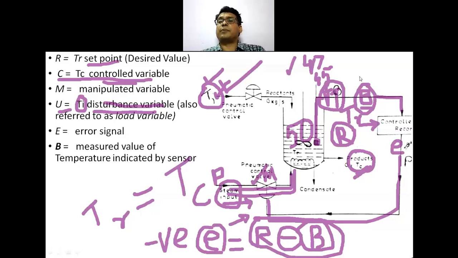Now say the temperature has increased to 52 degrees Celsius instead of 50 degrees, which is the desired value. Then again an error will be generated, and this process continues till I attain 50 degrees Celsius as my controlled variable temperature and the desired set point temperature.